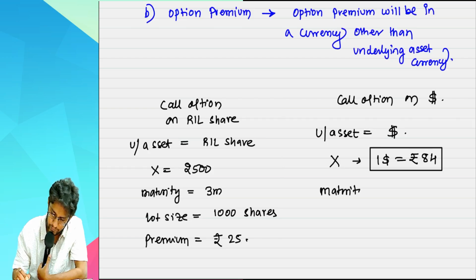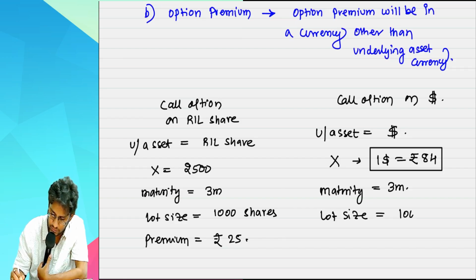Maturity 3 months. Lot size $1,000. Premium is 1.20 per dollar. It will be like this, sir.